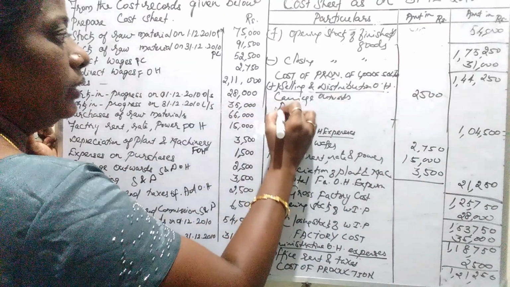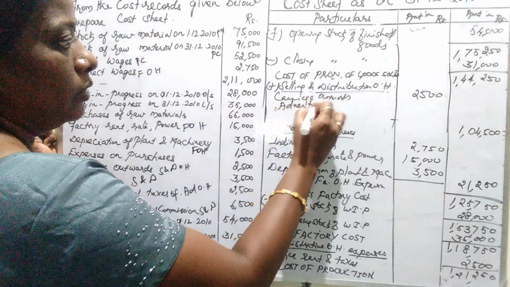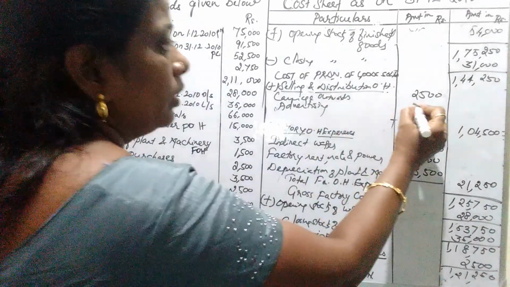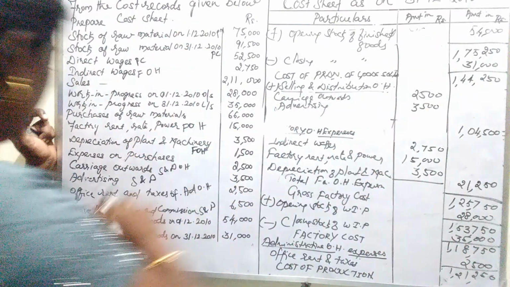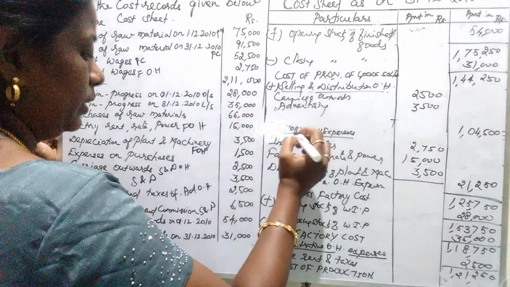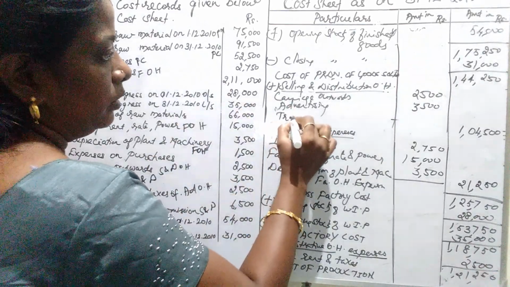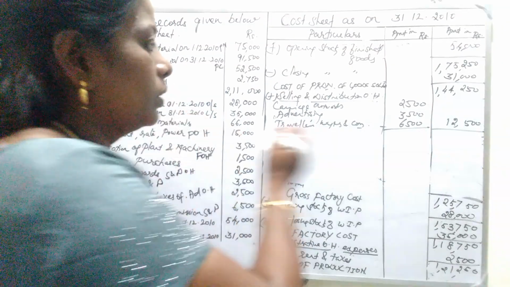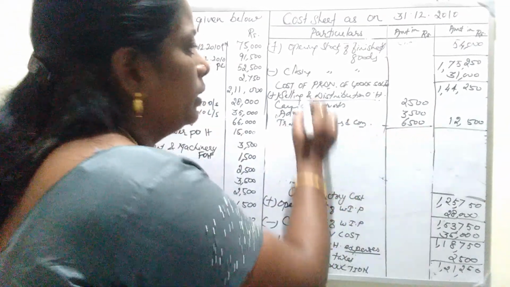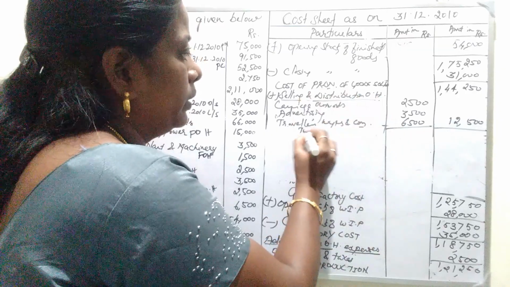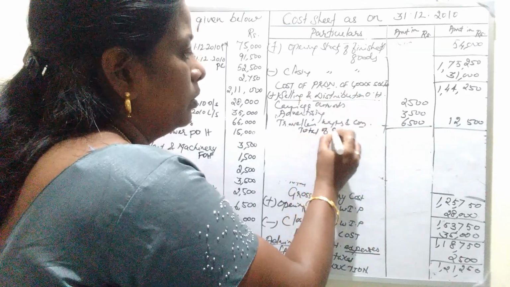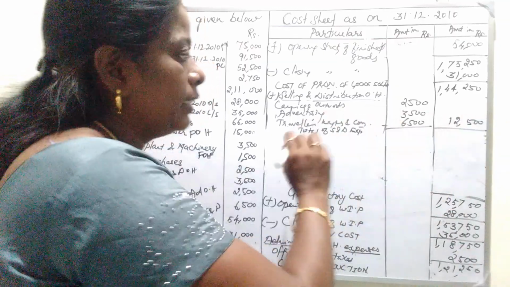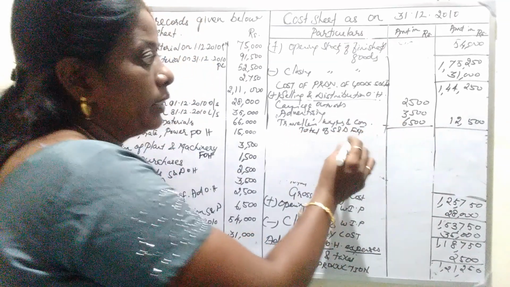Next, advertising is 3,500. And the next one, travelers' wages and commission, 6,500. This is the total of the selling and distribution expenses. The 12,500 is the total of selling and distribution expenses.